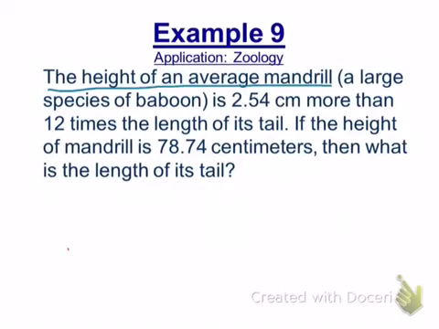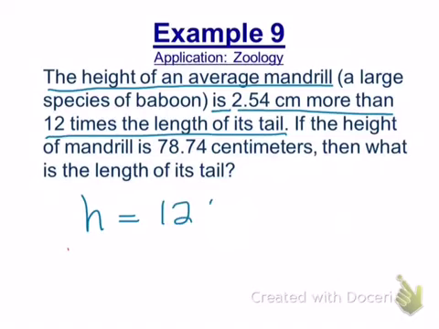The height of the mandrill is... give me that. H equals 2.54 more than 12 times the length of its tail. 12 times T plus 2.54.